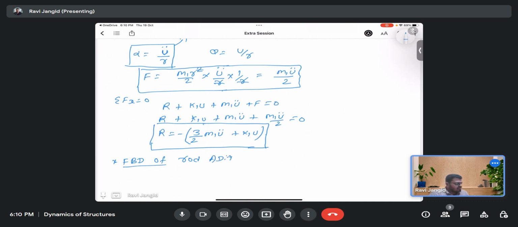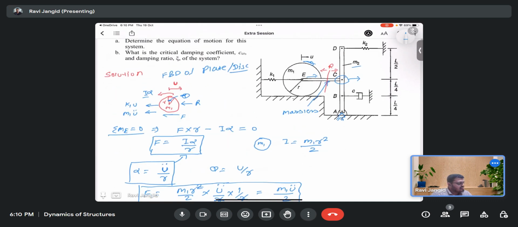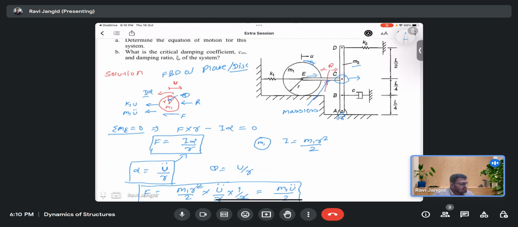Because we are giving a u displacement at point E, point C also has the u displacement, so this bar will deflect like this. At this point the displacement is u, and that angle is theta.